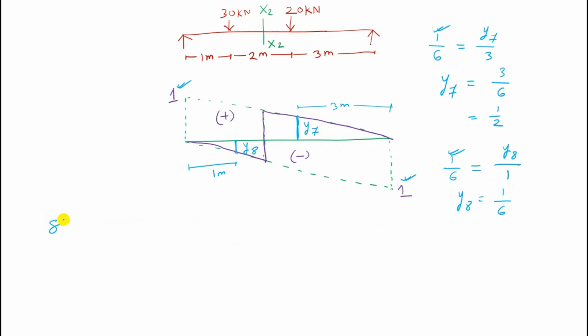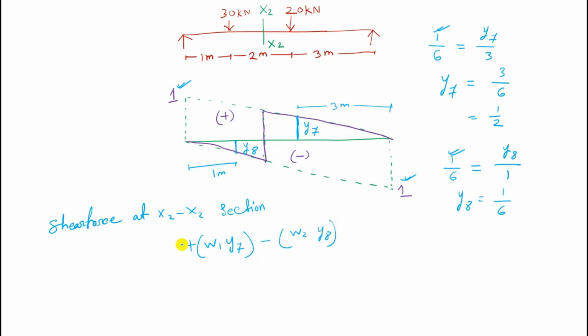Now shear force at x2 section will be W1 y7, and this is positive, and minus W2 y8.